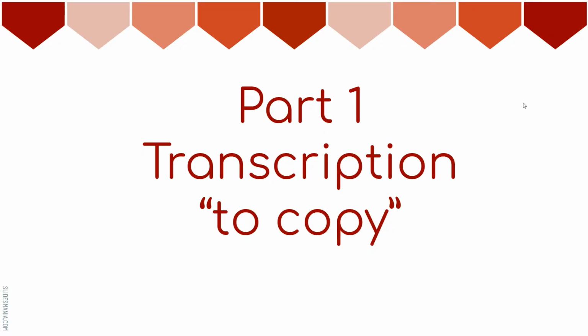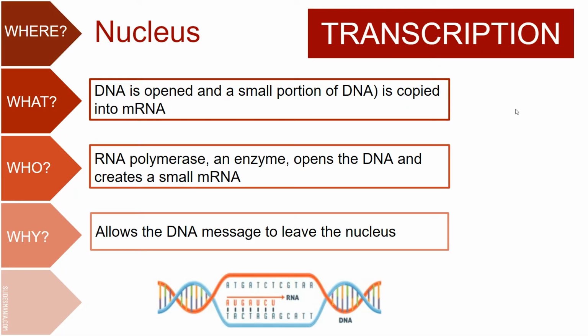So part one is transcription, to make a copy of your DNA and turn it into mRNA. Transcription takes place in the nucleus of a cell. It's when DNA is opened up and a small portion of DNA, just a gene, is copied into messenger RNA.